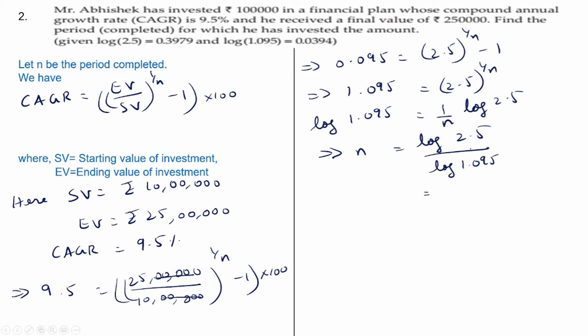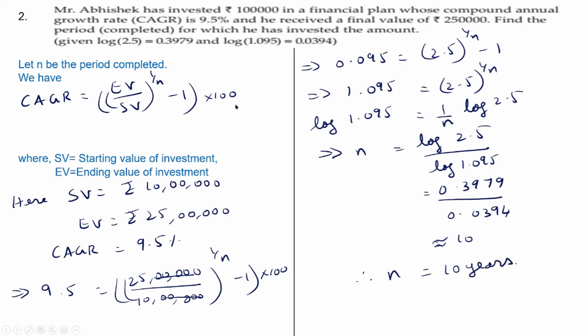The values are given in the question, so we can substitute here. It is 0.3979 upon 0.0394. When we simplify, we get approximately 10. Therefore, the time period which is completed for which the investment is made is 10 years.